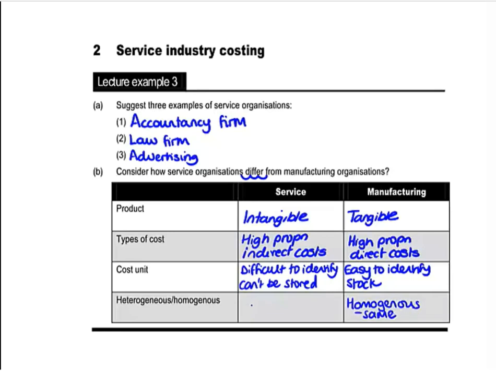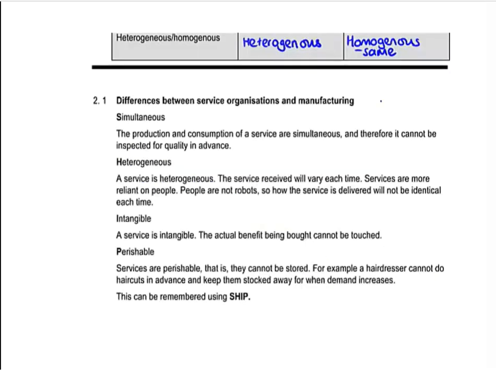With a service though, there's heterogeneity. It's going to be dependent on the person delivering the service. So the financial advice, the doctor's opinion is going to be different in every single case, depending on the facts of that case. And we can summarise the differences here using SHIP.